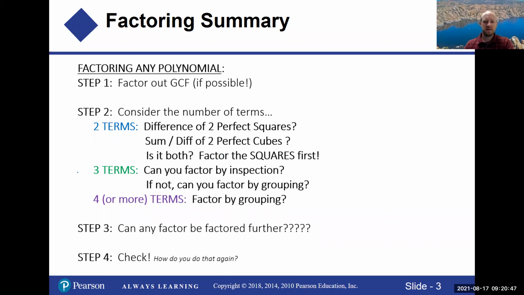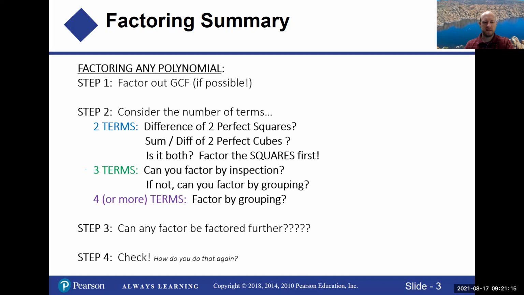If it's three terms, can we factor it by inspection? So is it one of the trinomials that we can factor? If not, we can factor it by grouping. We're going to talk more about that. And then if it's four terms, again, we always ask, can we factor it by grouping?